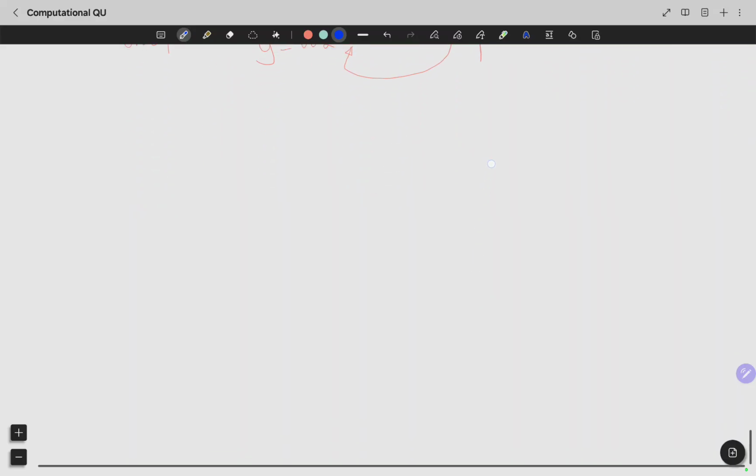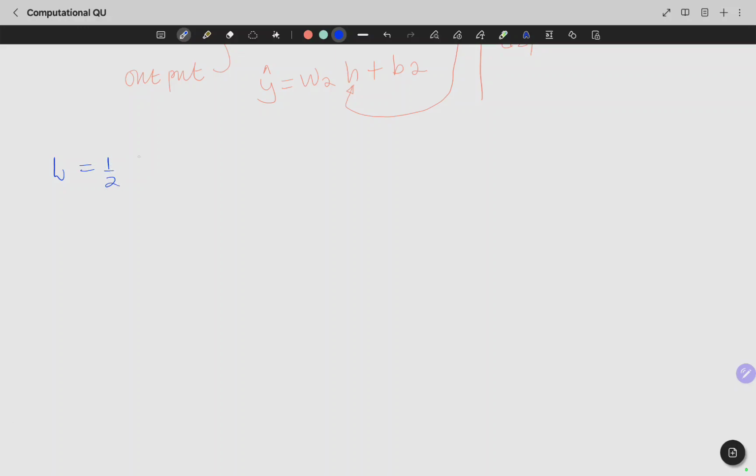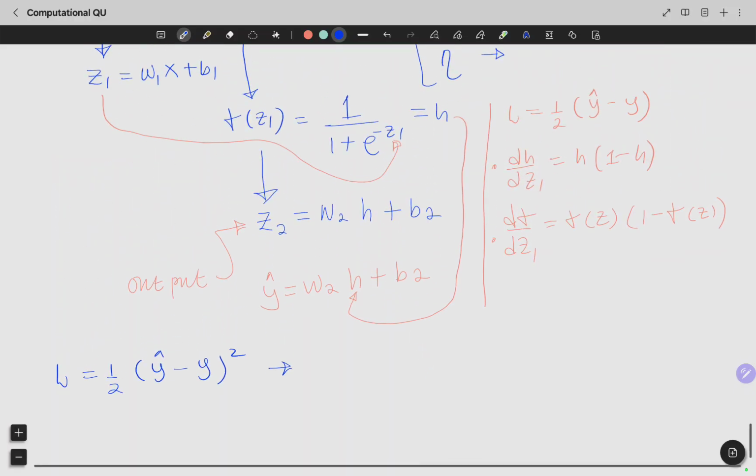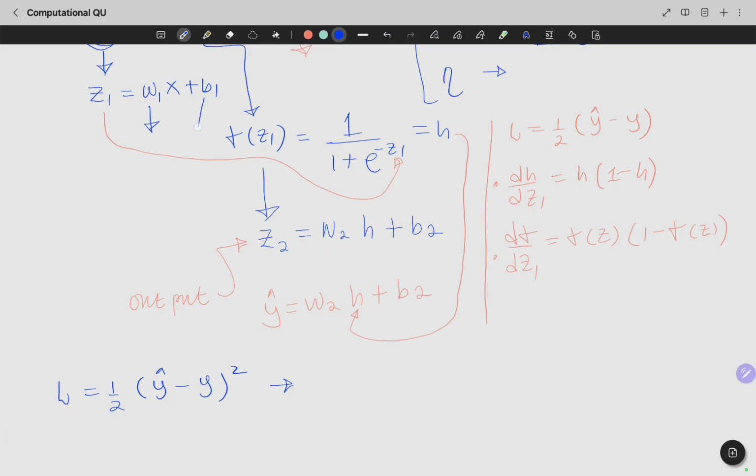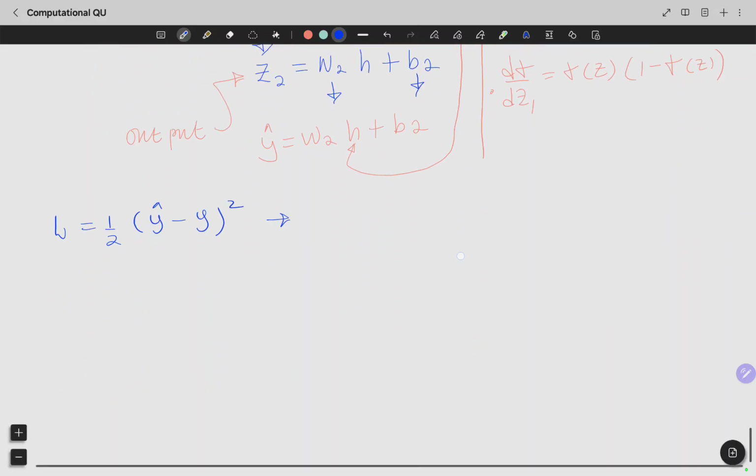Okay, I'll just do it here. Because L is a half into this, you can easily say dL by dy. How many parameters do we have here? We have omega 1, b1, and omega 2, b2, one for the hidden and one for the output.